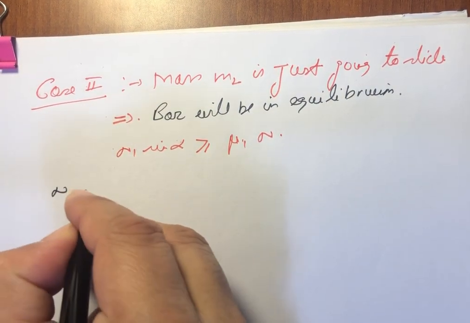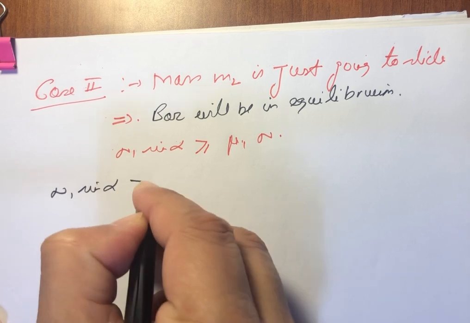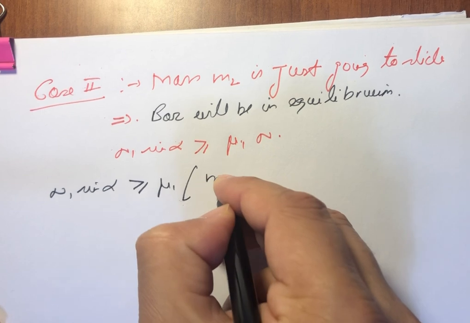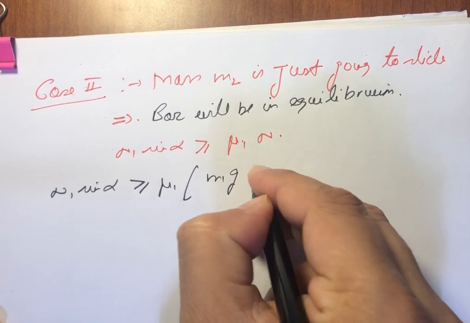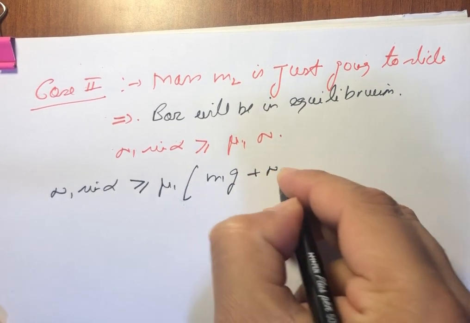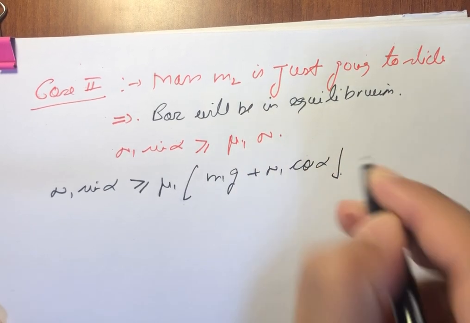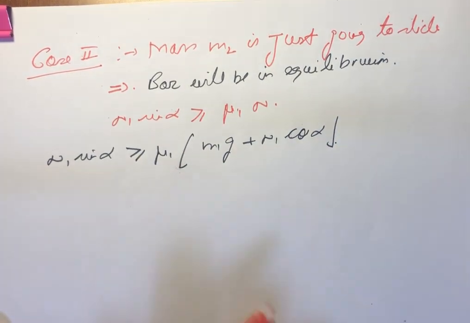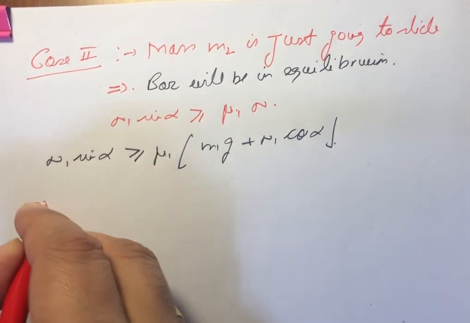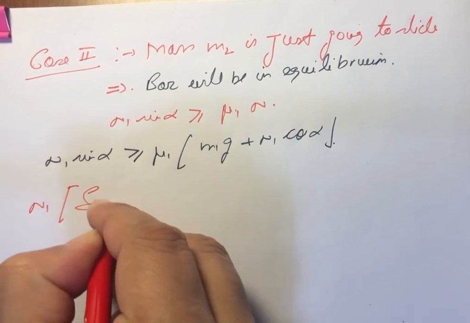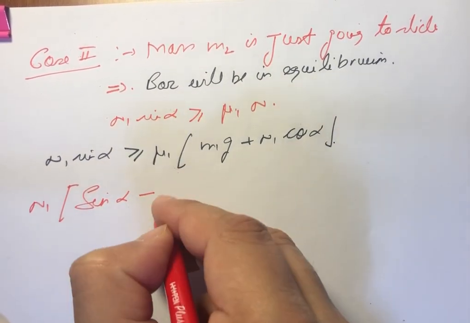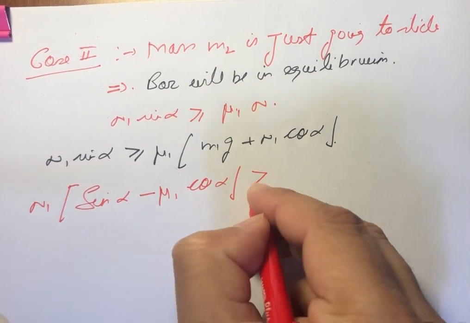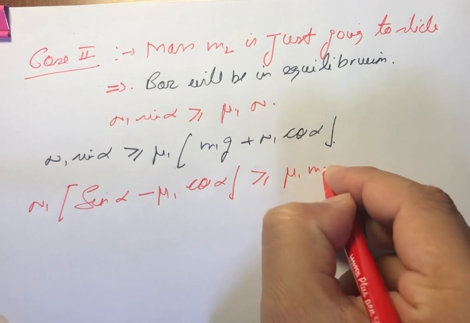We can say n1 sin alpha is greater than or equal to mu1 times n, where n is our m1 g plus n1 cos alpha. Opening the bracket and bringing terms to the left side, we are left with n1 (sin alpha minus mu1 cos alpha) is greater than or equal to mu1 m1 g.